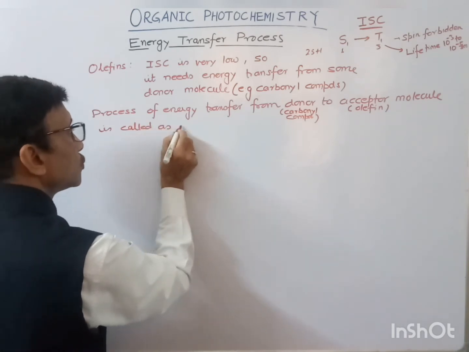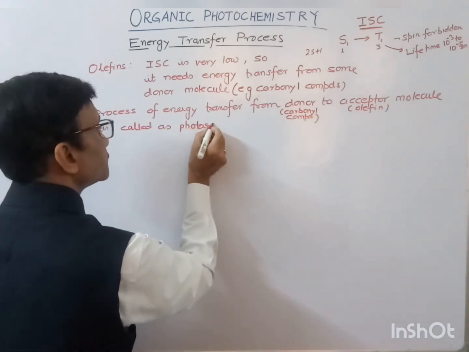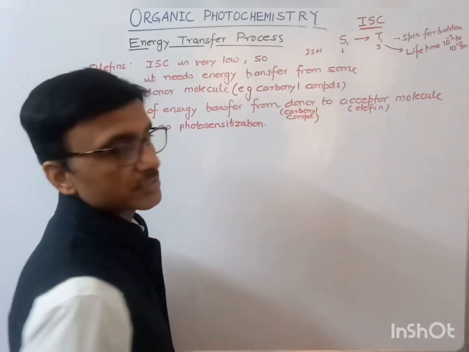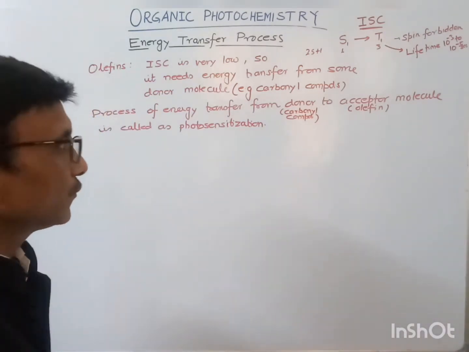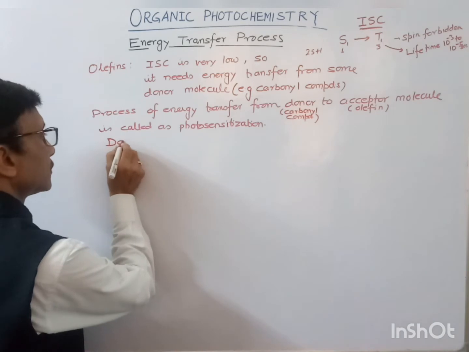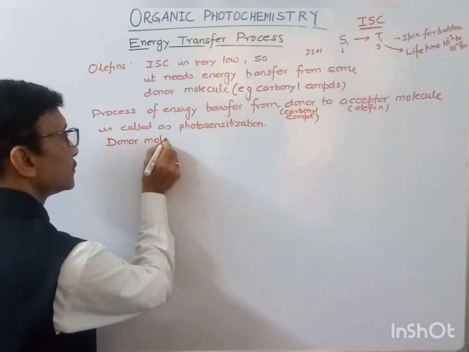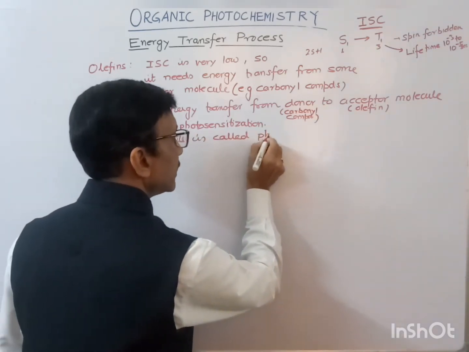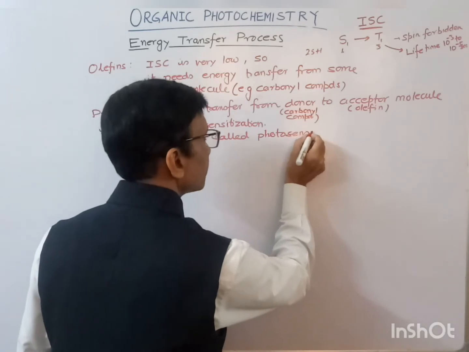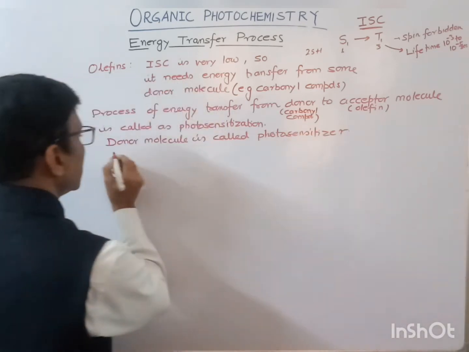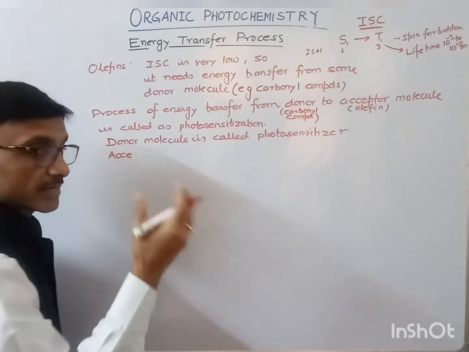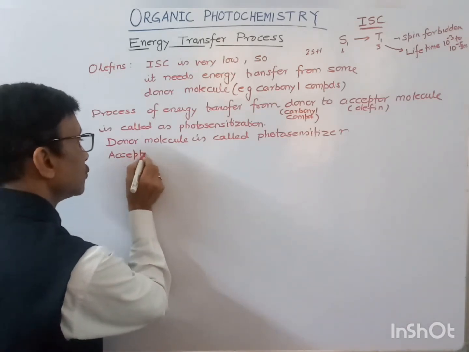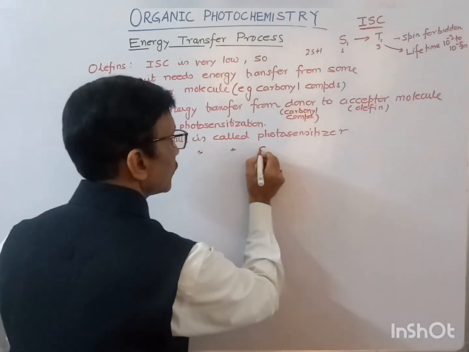This donor molecule is called the photosensitizer, whereas the acceptor molecule, which takes the energy from the donor molecule, quenches the energy of the donor molecule. So the acceptor molecule is called the quencher.